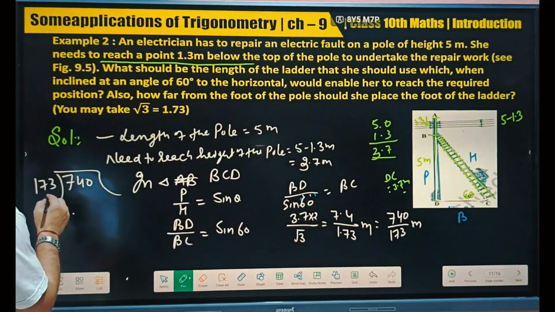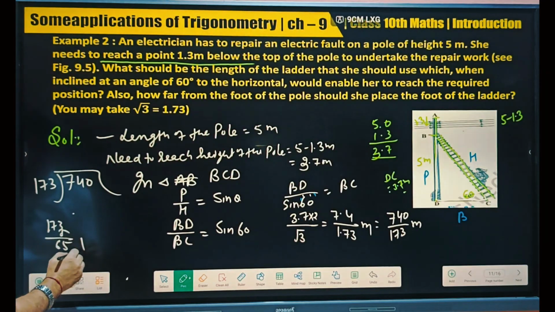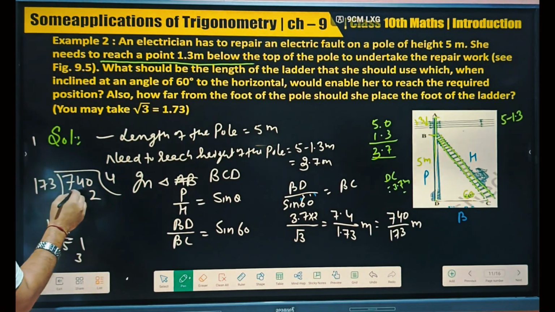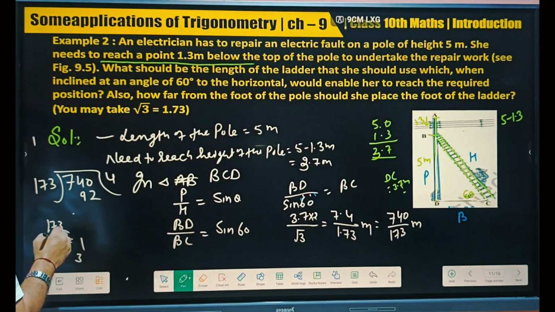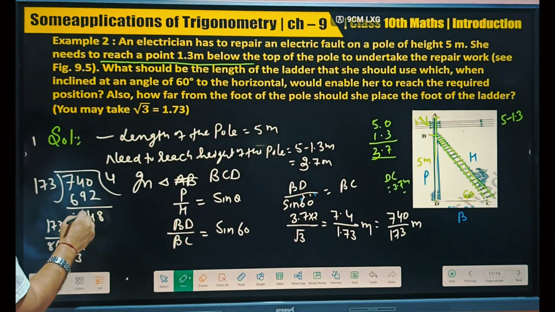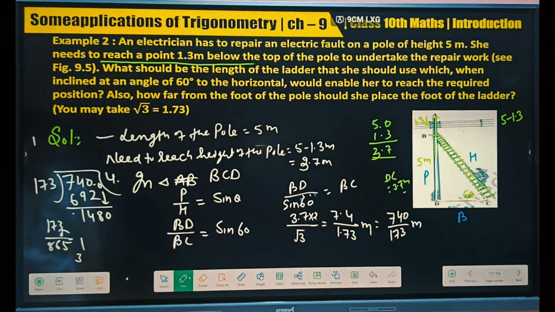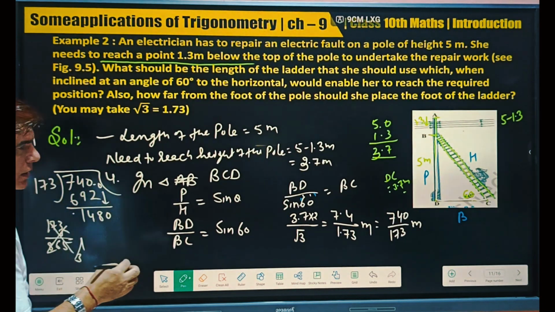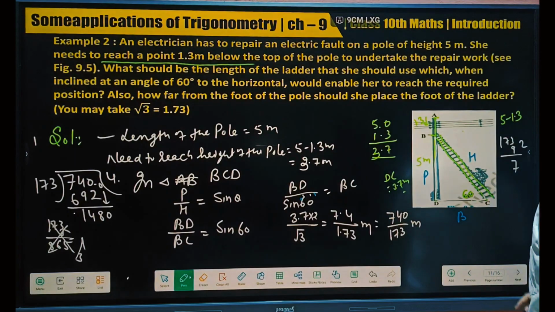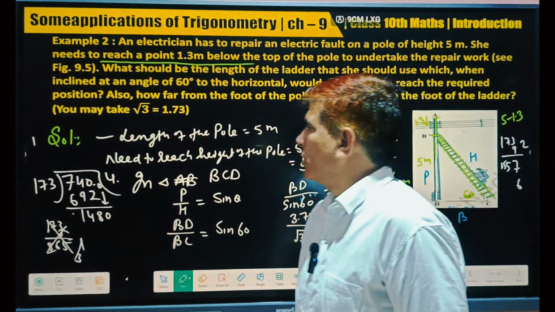So what's coming? Doing the long division of 740 by 173, we get 4, then the decimal, then 8.